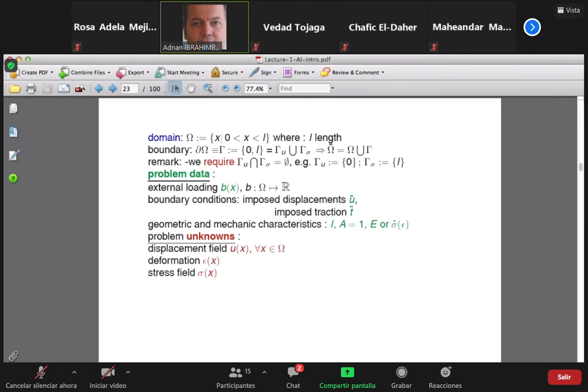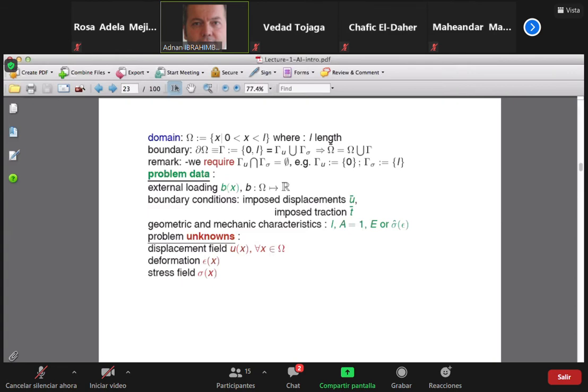In other words, their intersection is an empty set. And on the other side, we require that gamma u plus gamma sigma constitute the whole gamma. So we have to define what happens at x equal to 0 and x equal to L, and at every one of those points you apply either displacement or stress. You cannot apply both.